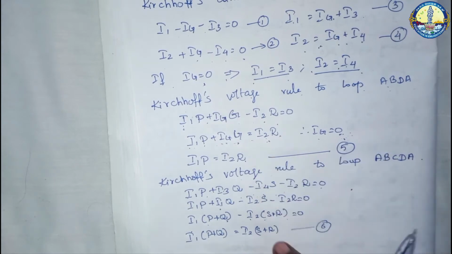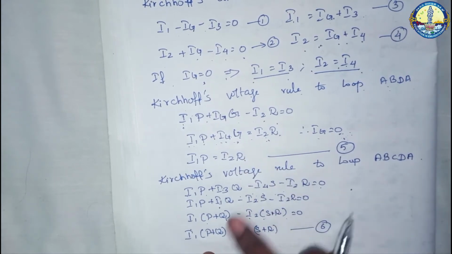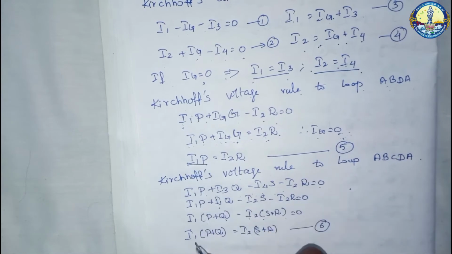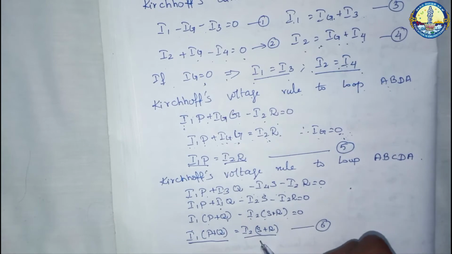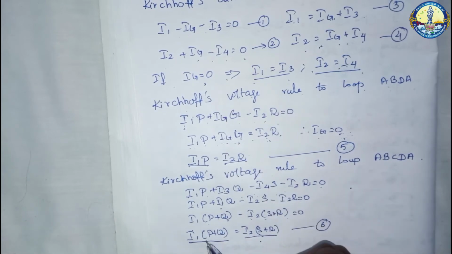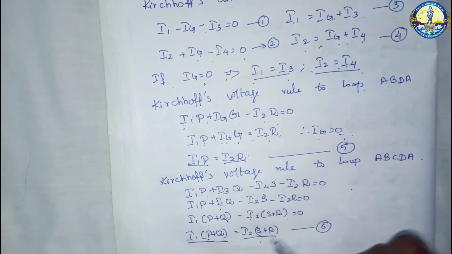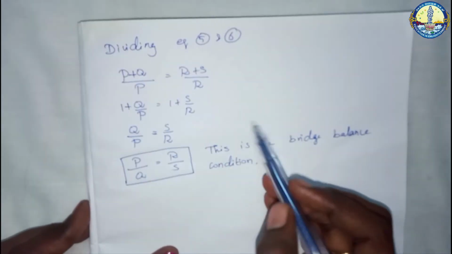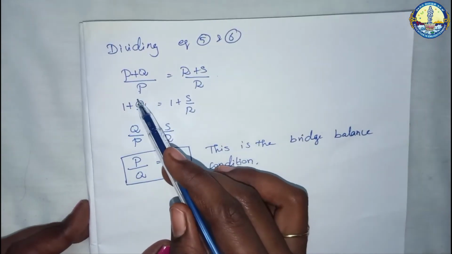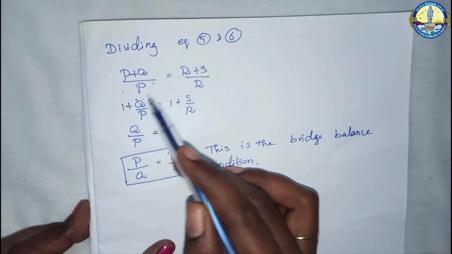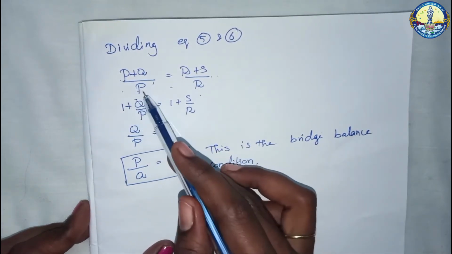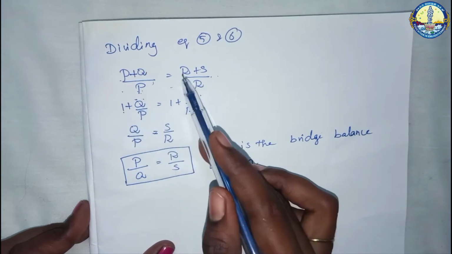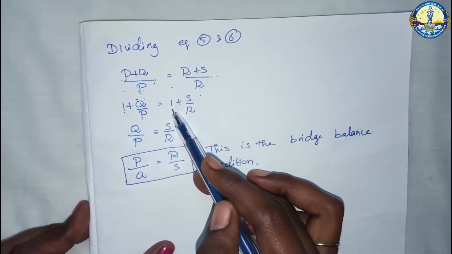Now we have to divide these two equations, because here I1 and here also I1, and here this is I2 and this is I2. Both are the same. By dividing equations 5 and 6, you will get P plus Q divided by P is equal to R plus S divided by R. If you cancel P and P, you will get 1, and if you cancel R and R, you will get 1.